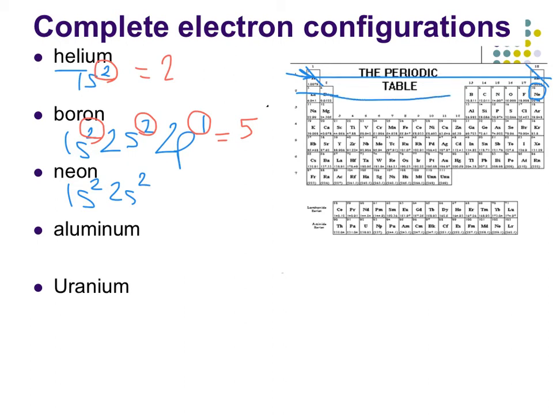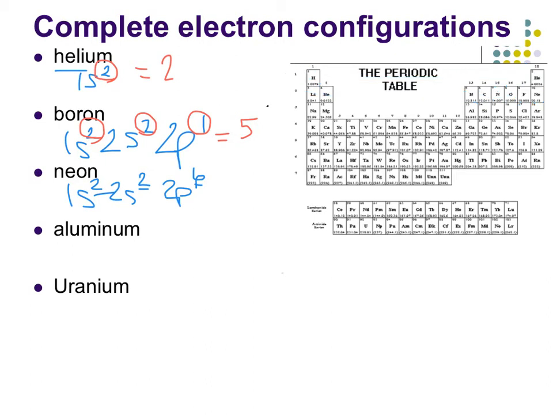And then when we get to the 2p orbital, we're going all the way to the end, which means we're going to go through all 6 boxes. So my 2p orbital would have an exponent of 6. So 6, 7, 8, 9, 10 electrons, which is exactly how many electrons neon should have.